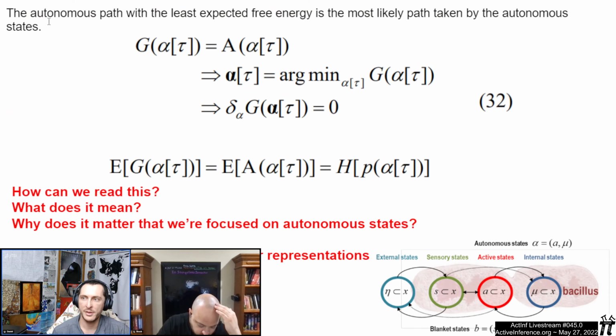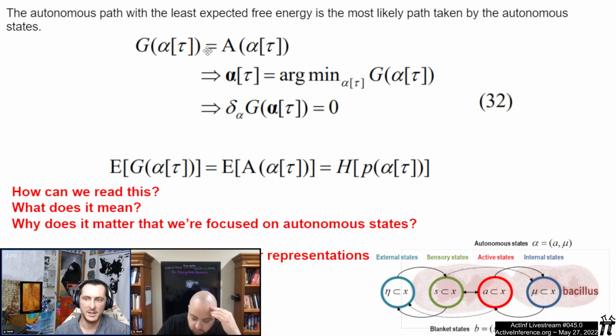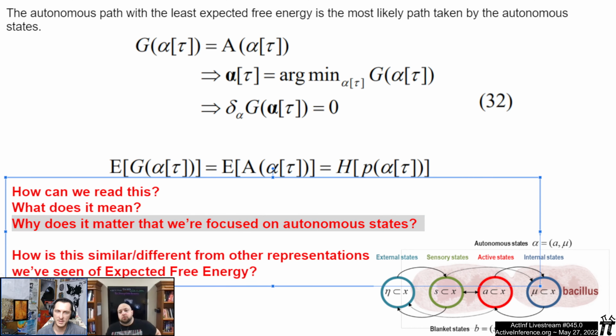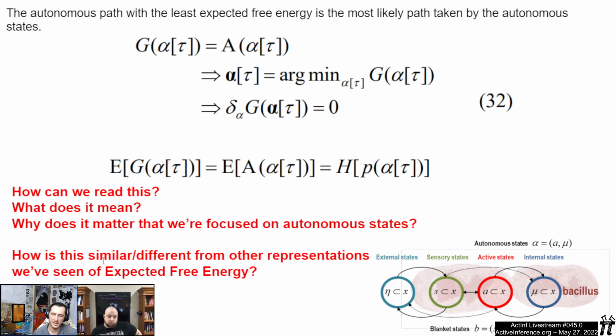The autonomous path with the least expected free energy is the most likely path taken by the autonomous states. Expected free energy. How can we read it? What does it mean? Why does it matter that we're focusing on autonomous states, autonomous paths? And how is it similar or different from other representations that we've seen and that we will see of expected free energy and free energy of the expected future and so on.